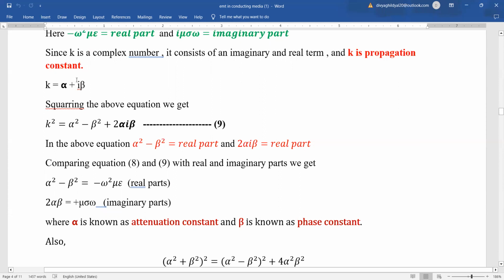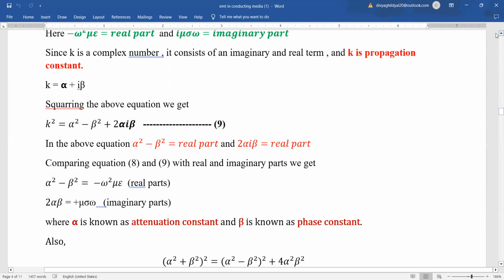Now, square of i is equal to minus 1. So, squaring this, we get k square is equal to alpha square minus beta square plus 2 alpha i beta. Now, here the real part is alpha square minus beta square, and the imaginary part is 2 alpha beta.